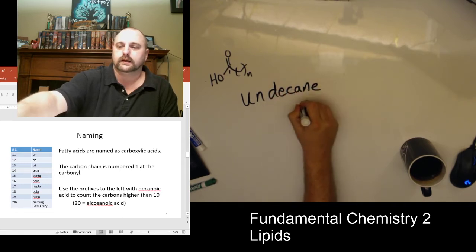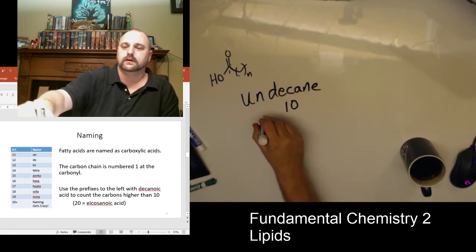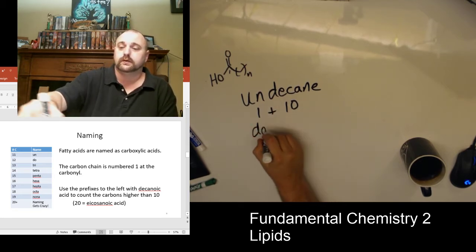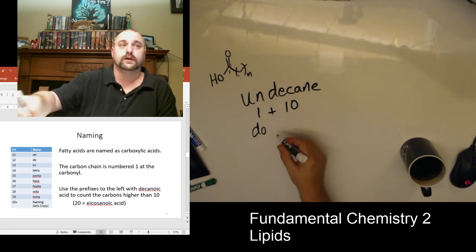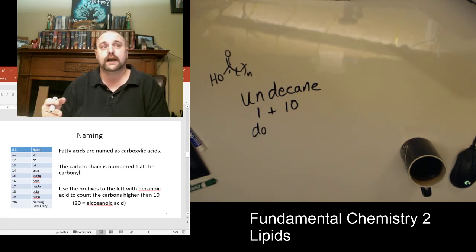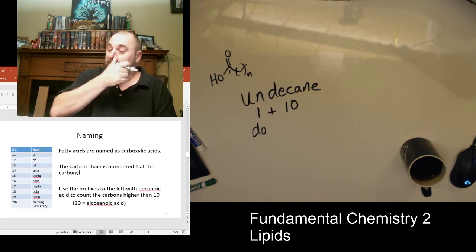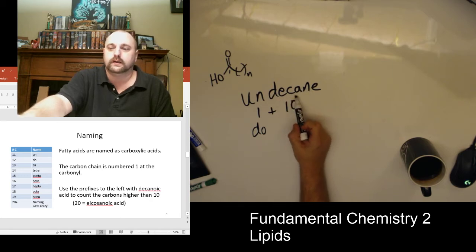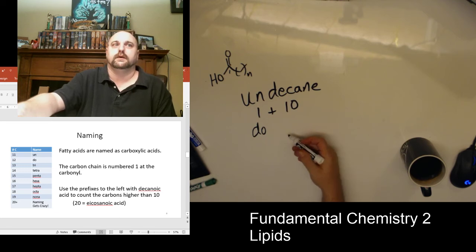So decane is 10. Undecane would be 1 plus 10, and then dodecane would be 2 plus 10, which is 12. Tridecane, so it might sound like tridecane might be 30, but that's why they drop the decane after a while, so it's 1 plus 3, right?